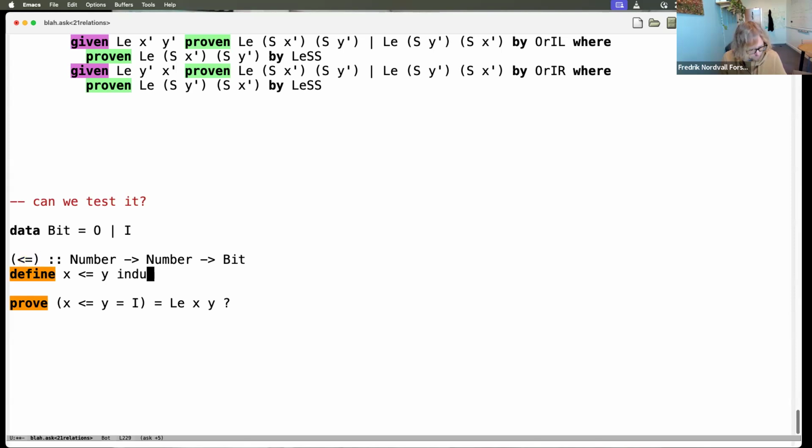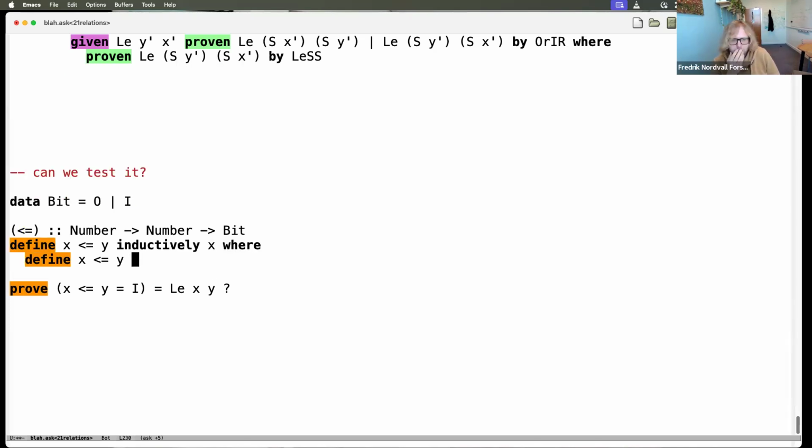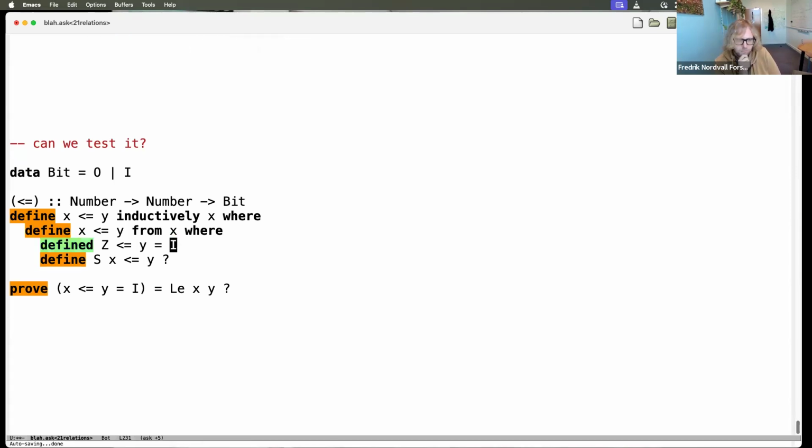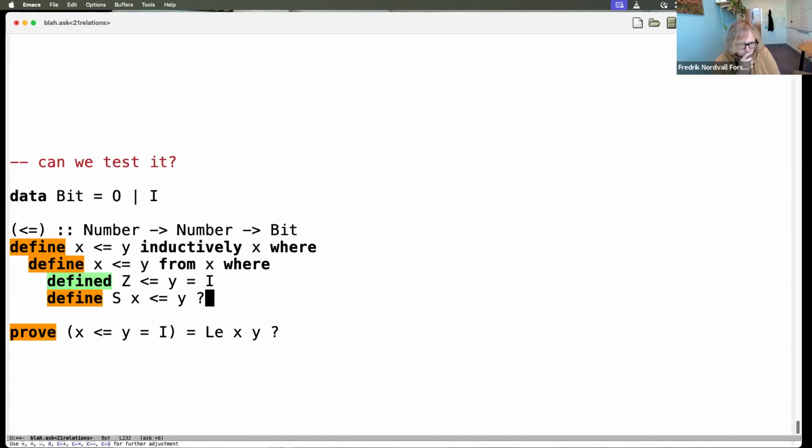Okay, so I'm going to define it. It doesn't really matter whether I go inductively on X or on Y because they're both going to get smaller. I'm going to look at X. Because if X is already 0, whoops, sorry about that, then I need look no further. I know the answer is true. If I know that X is already a successor, then I better learn about Y, because Y might be 0.